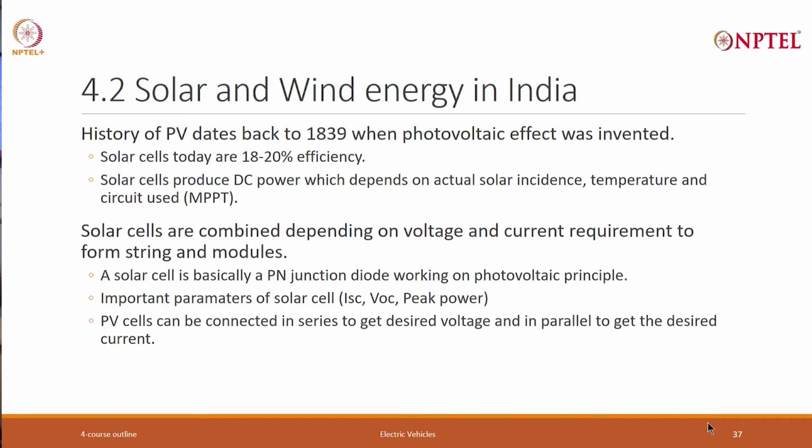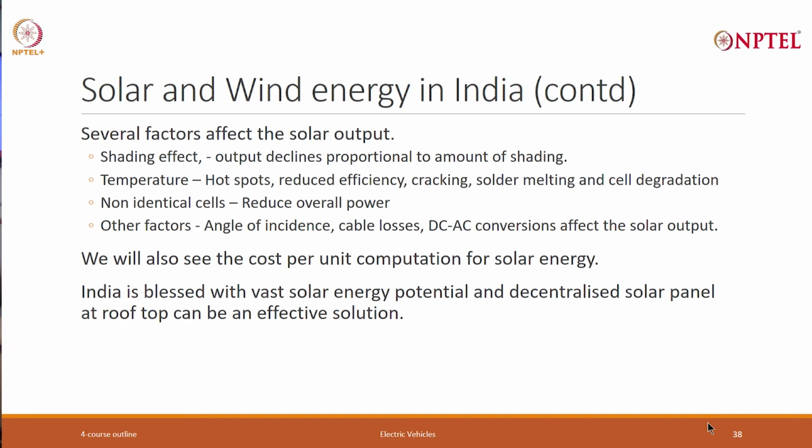We will get into the fact that a solar cell is basically a PN junction, important parameters of solar cells, and then PV cells can be connected in series to get desired voltage and in parallel to get desired current. When you install solar, we have to worry about shading effect, temperature, non-identical cells, angle of incidence, cable losses, DC to AC conversion, all these things we will get into.